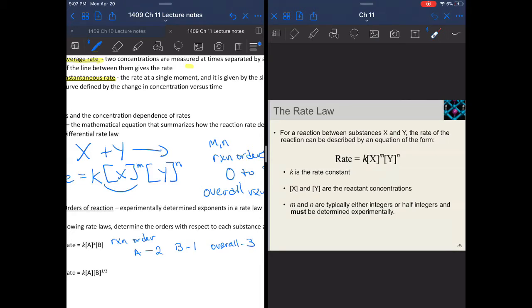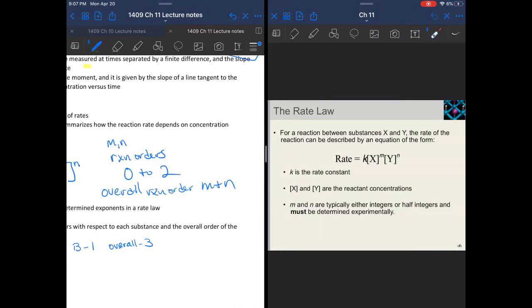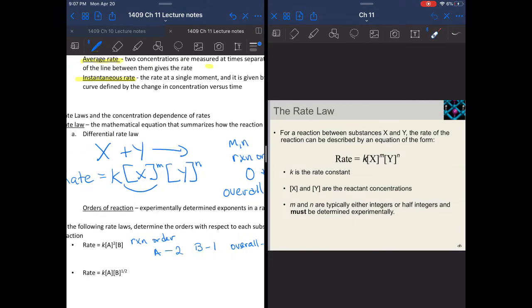would be 3. Now, individual reaction orders usually aren't more than 2. Overall reaction orders can be greater than 2, of course, can be bigger. If we look at this last example on this page, A would be 1, B would be 1/2.